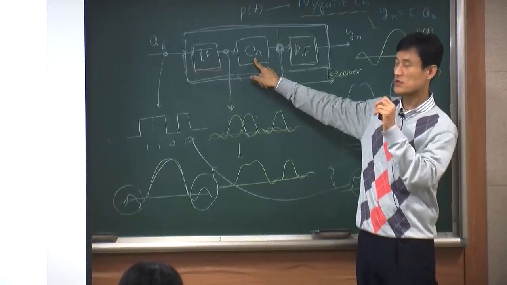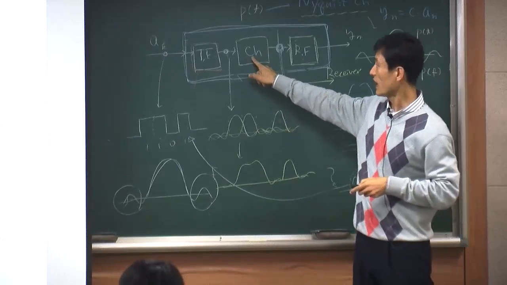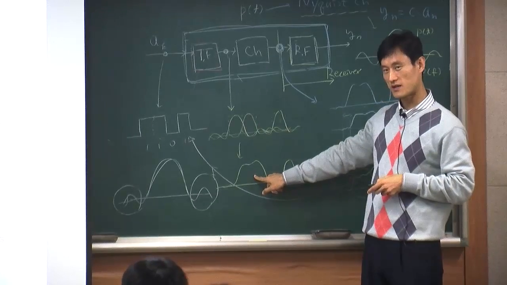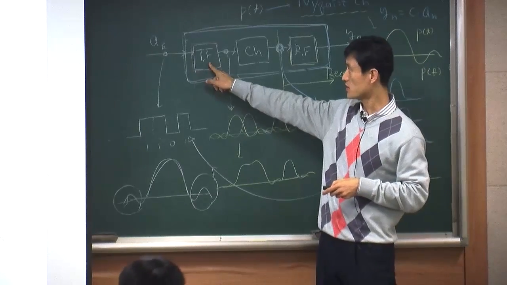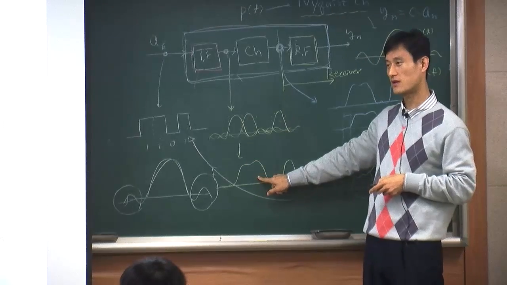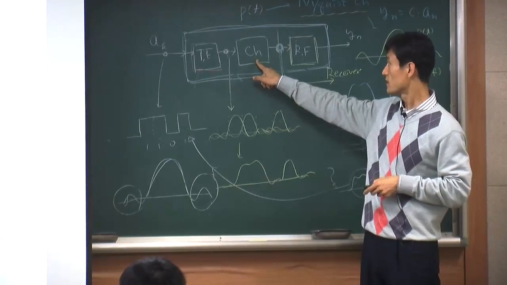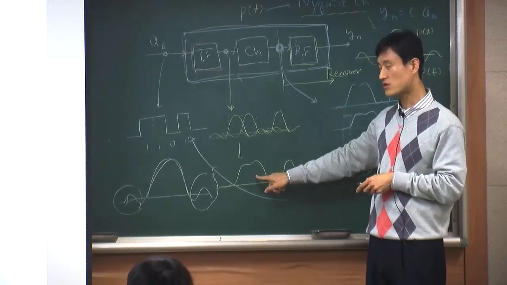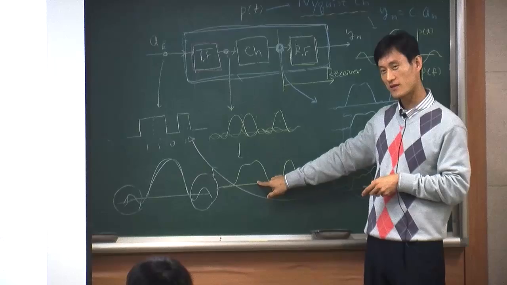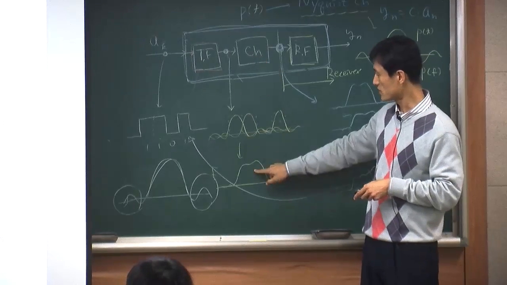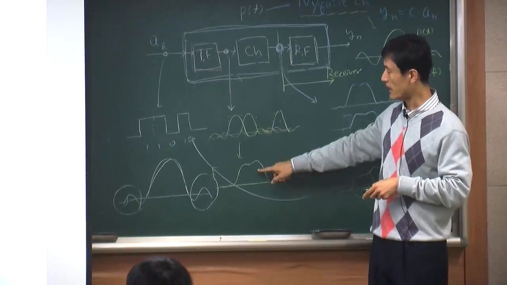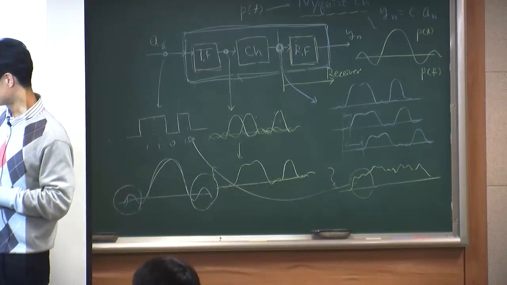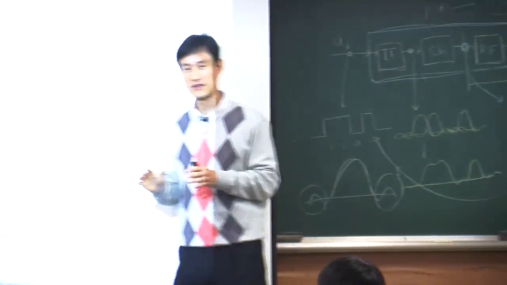Let's suppose the channel is perfect. If the channel is perfect, then this is what is transmitted, right? You go through the transmit filter, so this is what you transmit. And let's say channel is perfect. Then this is what you're going to receive here, right? So when you measure the eye diagram for this one, channel is perfect, so this is what you receive here. So the eye diagram will be very clean, like this, very clean.